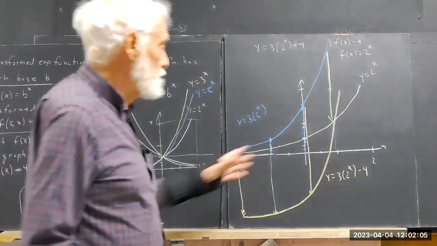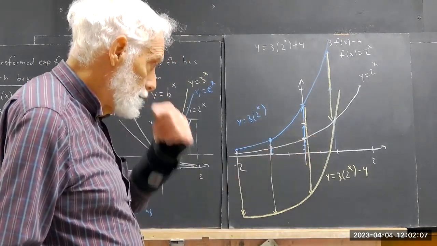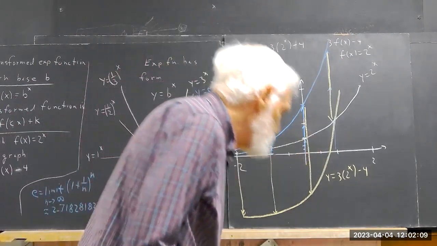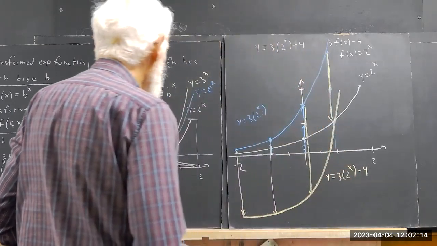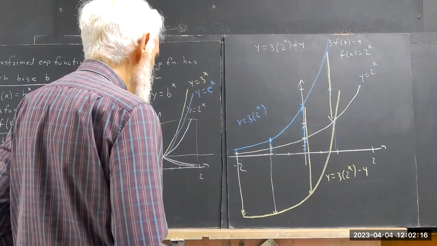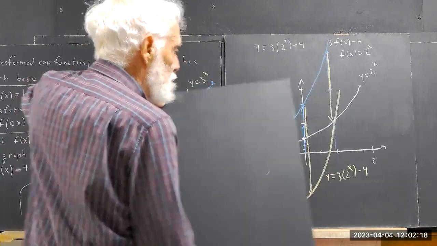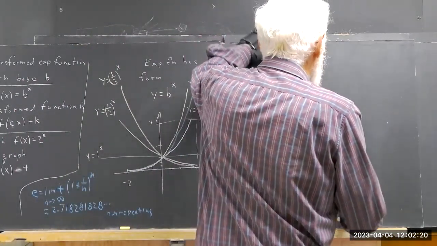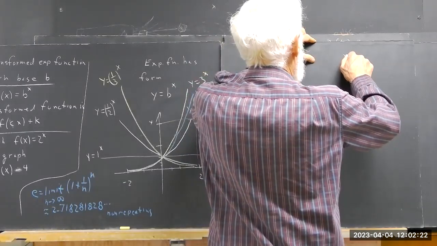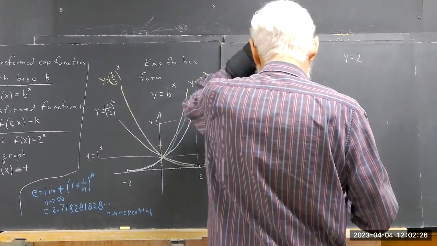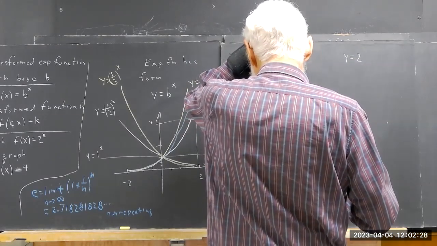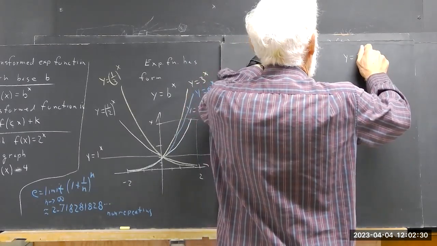Now we can horizontally shift and stuff like that, but there's another thing that we are generally going to do instead. So let's think about what the graph of y equals 2 to the 3x would be like.